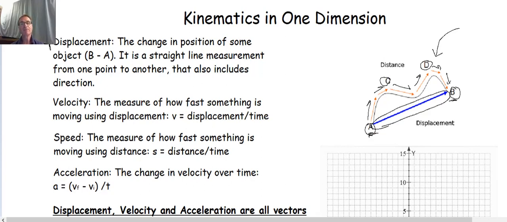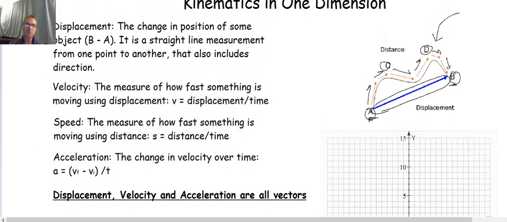I need to give the magnitude, the number that's included in the distance, but I also need to give the direction, right? It's got to be distance and direction. And when we combine those two things, we have displacement.